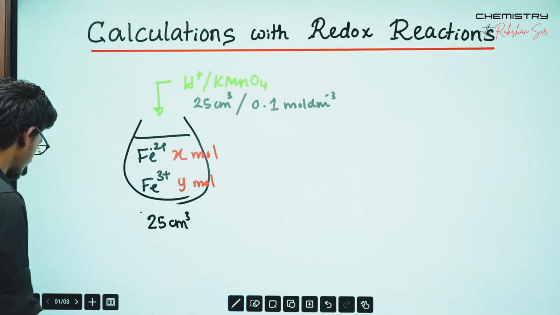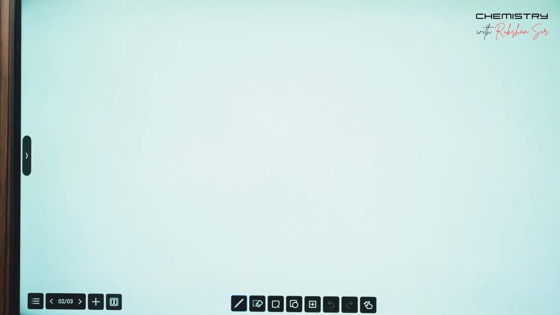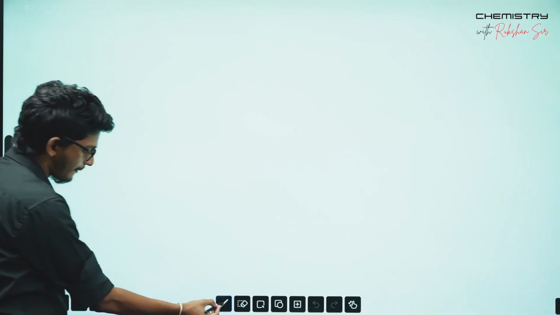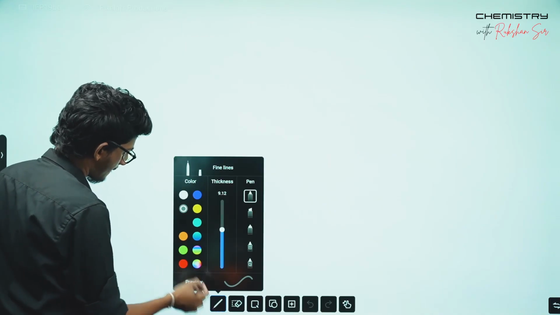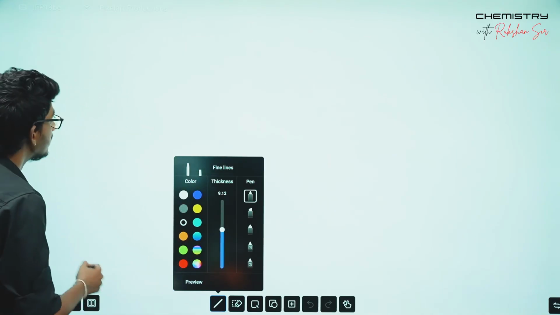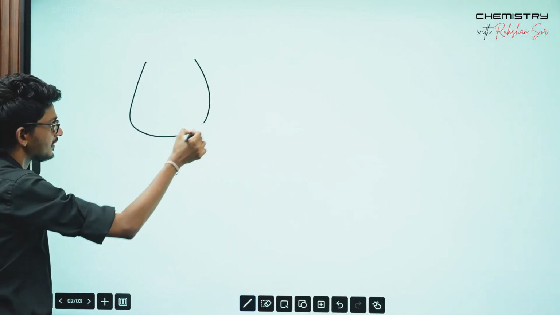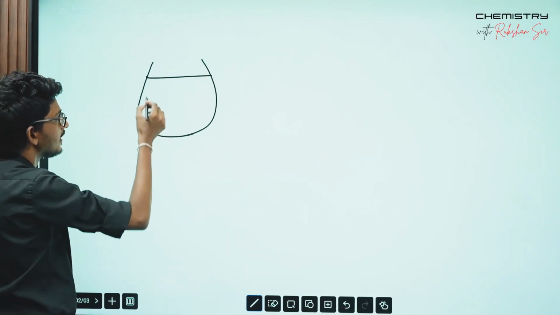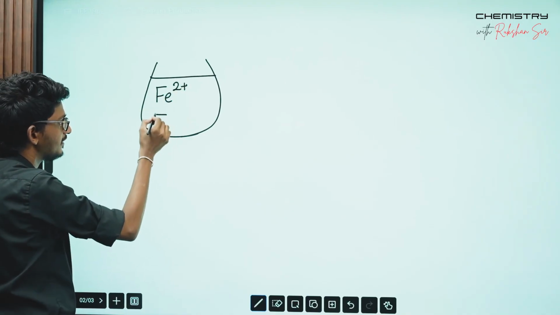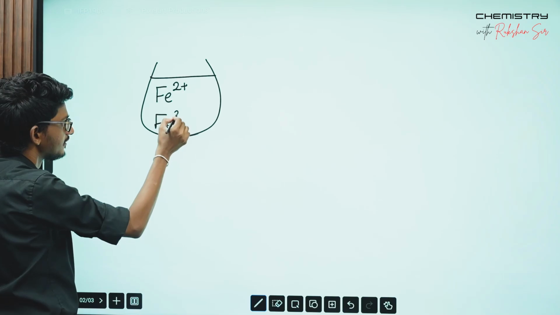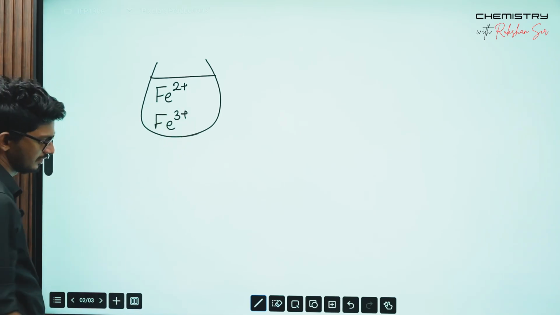The idea is this: let's say you have a flask with Fe2+ ions and Fe3+ ions.